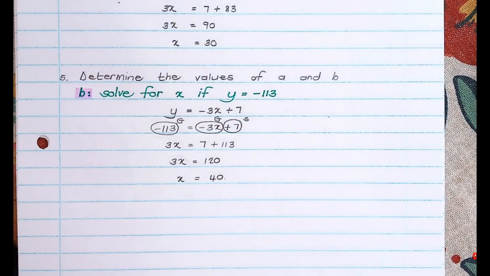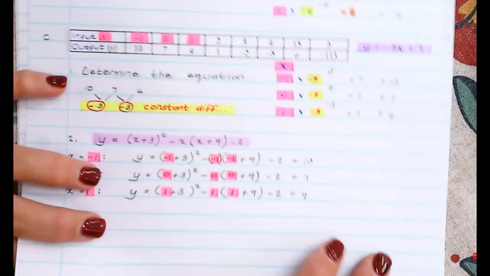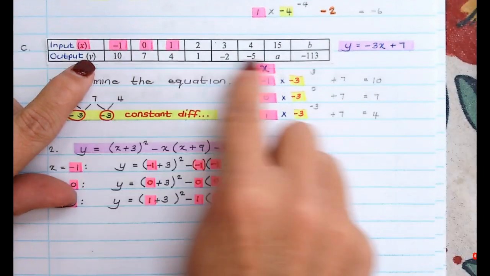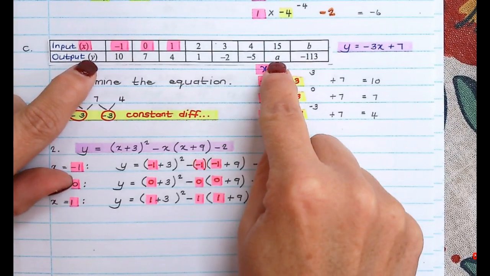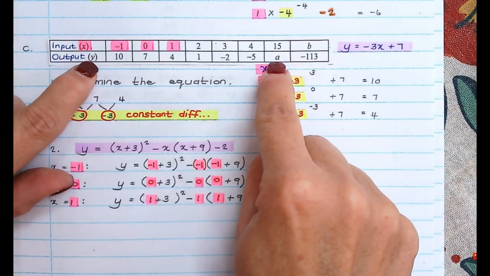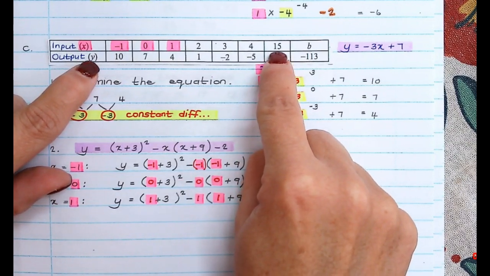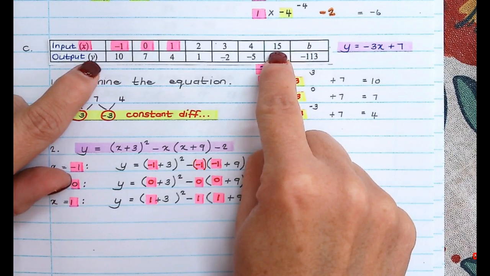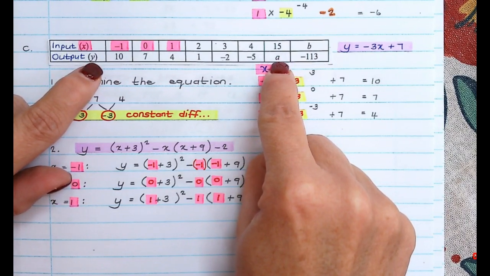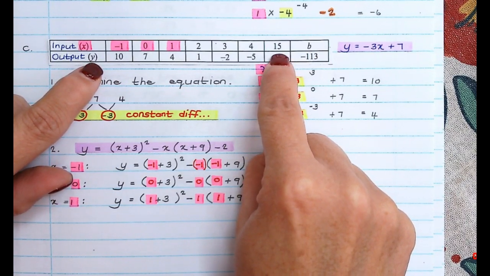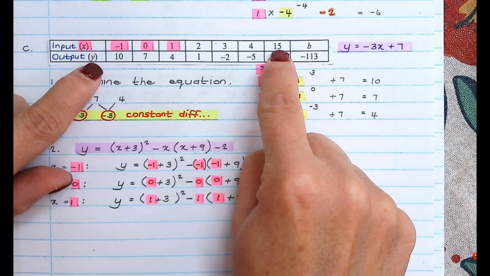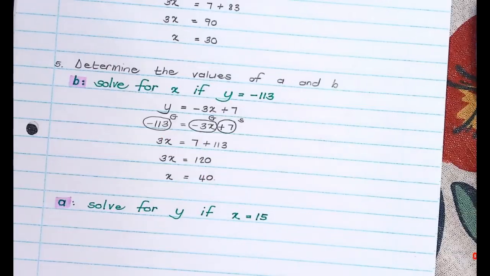The next question that we're going to do is we're going to solve for a. So now let's quickly see. Solving a means solve y if x is equal to 15. I'm going to repeat: solve y if x is equal to 15.